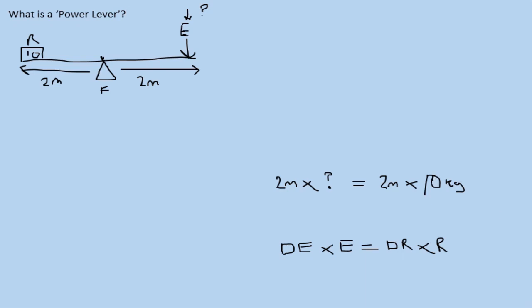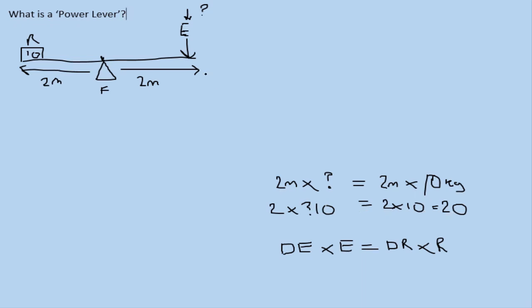So 2 times something is the same as 2 times 10. So 2 times 10 over here, hopefully you're shouting out 20. So over here, 2 times something must equal 20. Now hopefully you're thinking 2 times 10 equals 20.